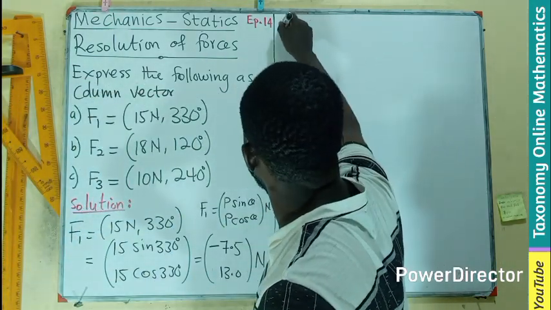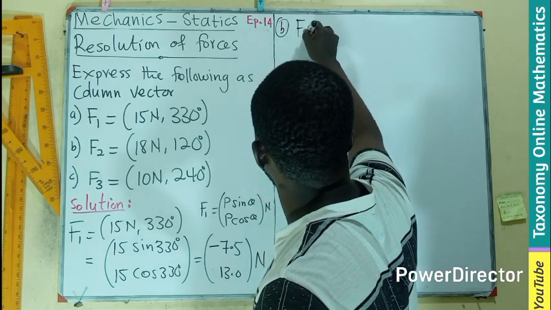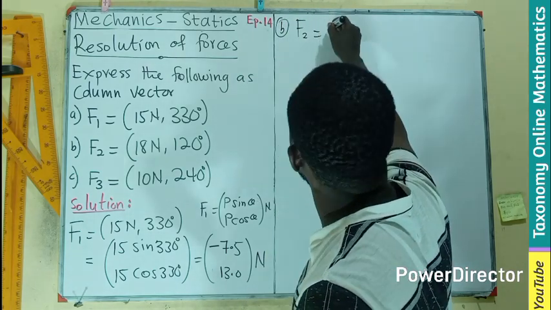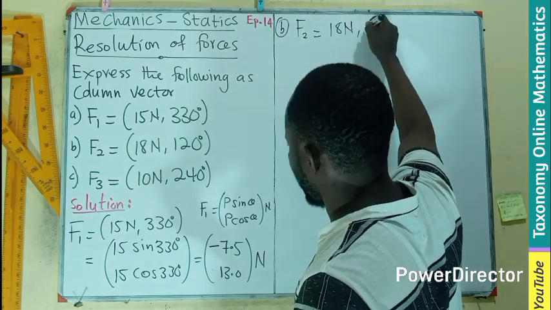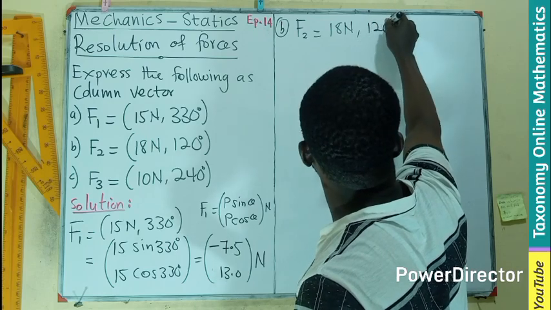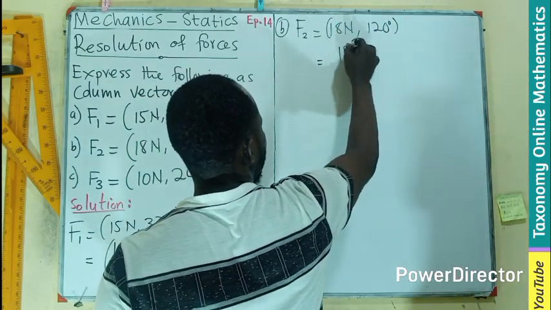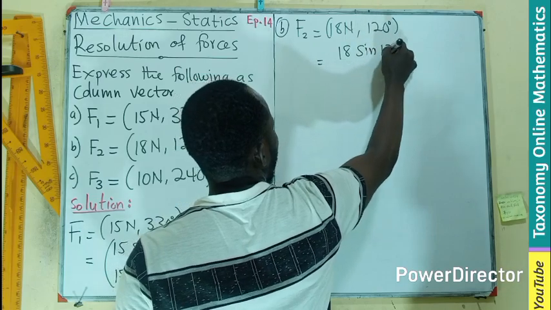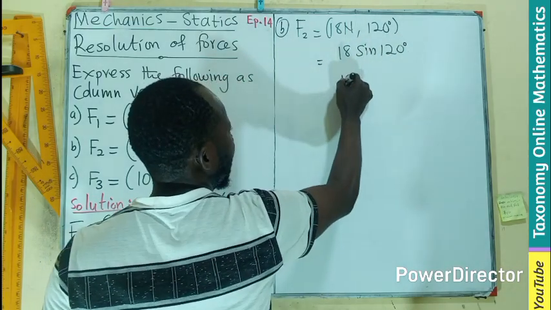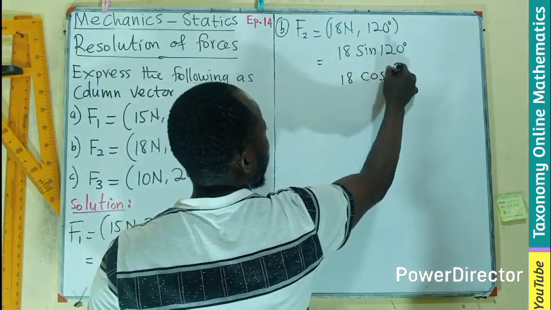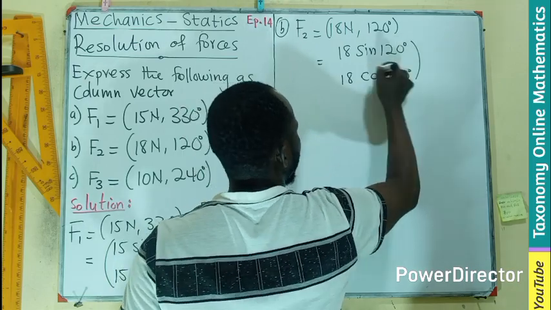So for the B aspect, force 2, which is 18 Newton on the bearing of 120 degrees, can be resolved as 18 sine 120 degrees, 18 cos 120 degrees.